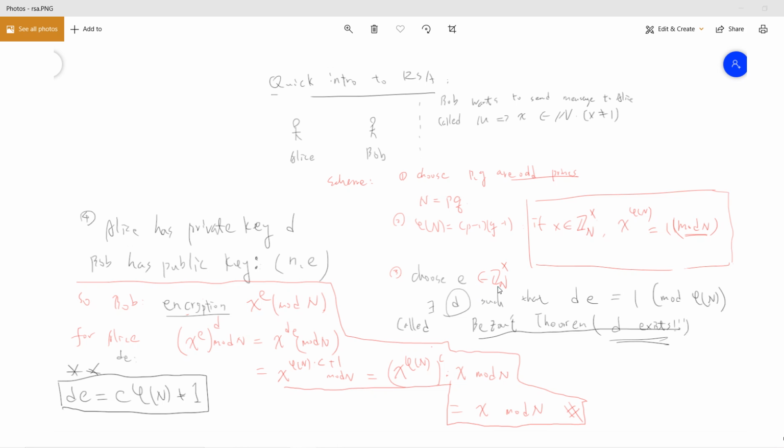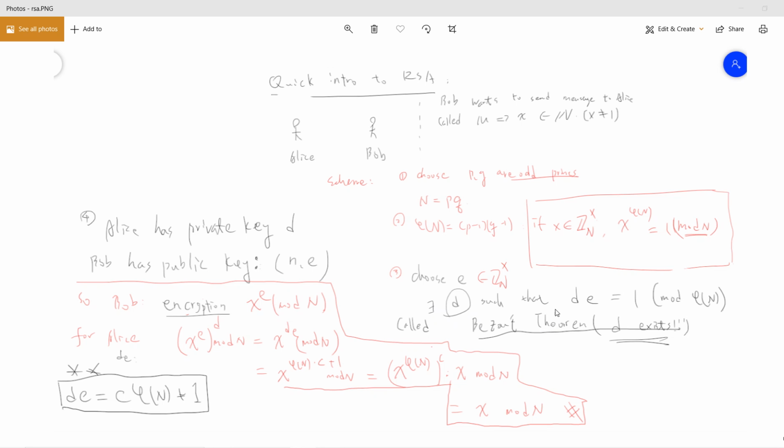Third, we choose e. This e and n are called the public key. We choose some number e which is coprime to phi of n, and I will also provide a proof of the theorem in a couple of lectures.